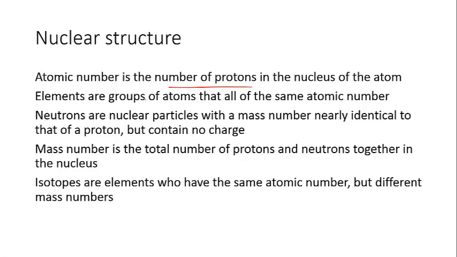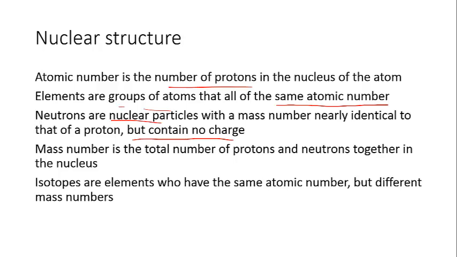Now, elements are groups of atoms that all have the same atomic number. Neutrons are also nuclear particles, which means they are contained within the nucleus of the atom. They have a mass number that is nearly identical to a proton, but they have no charge. That's why they're called a neutron. They're neutral.